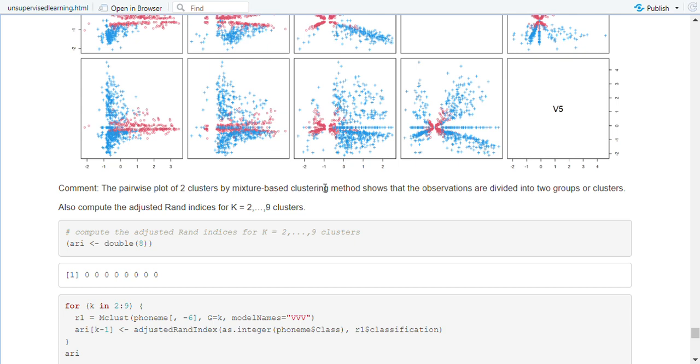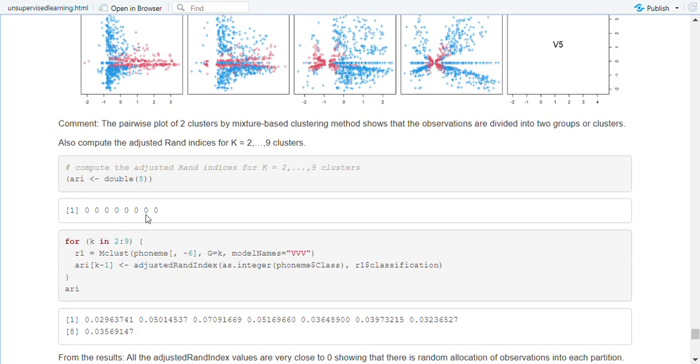Also compute the adjusted Rand indices for k equal 2, 3, 4, 5, 6, 7, 8, 9 clusters. Let array equal rep of 0, 8, so there is an array of 8 zeros.